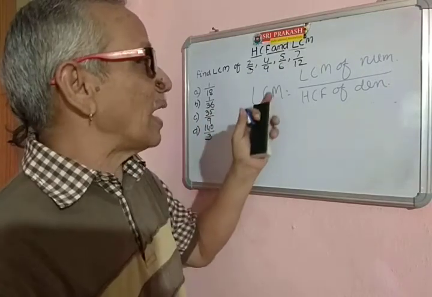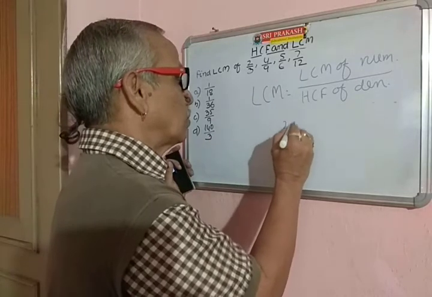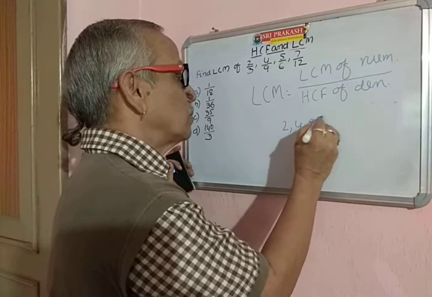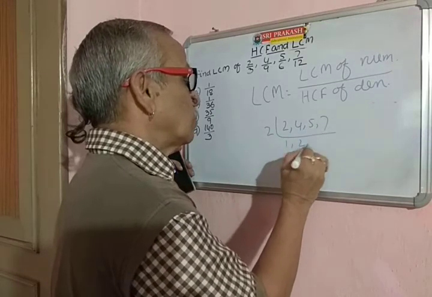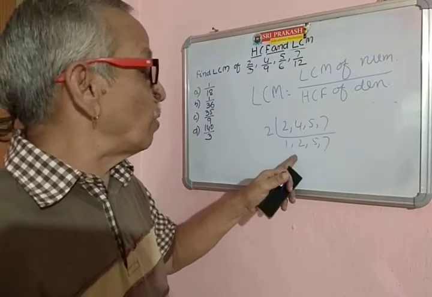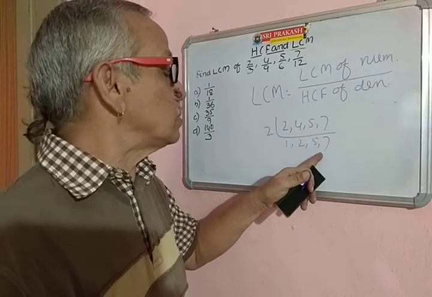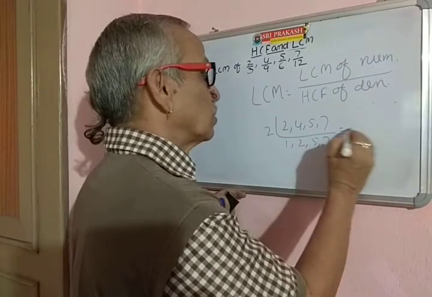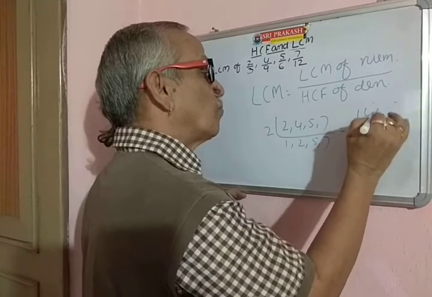So now what is the LCM of 2, 4, 5, 7? 2 1s are 2, 2 2s are 4, 5, 7. 4 5s are 20. 20 into 7, how much? 140.